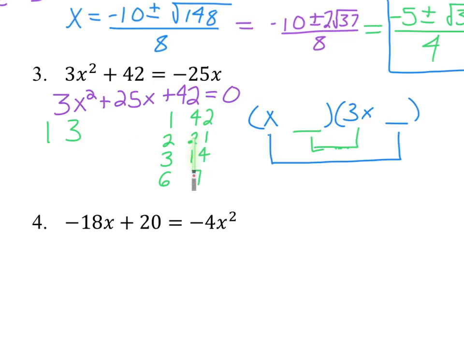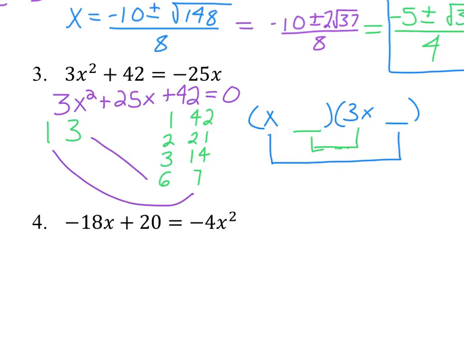3 times 21 doesn't work. Even 3 times 2 for 6 times 21, not going to work. 9 and 14, not going to work. 3 times 14, again, going to be way too big. So we end up looking here, 3 times 6 being 18, and then 7. So 18 and 7, that's the combination that we use there.